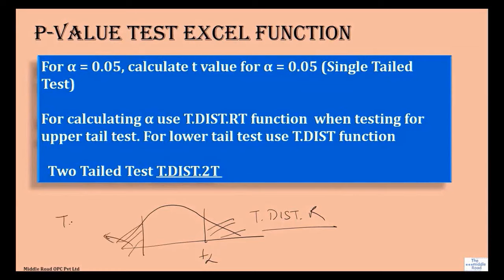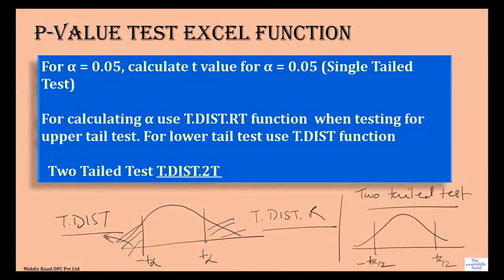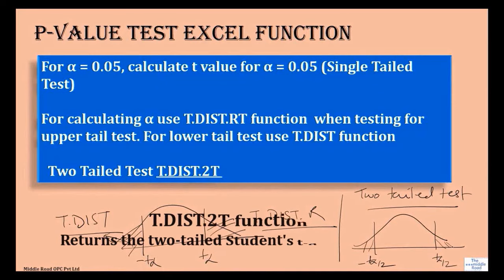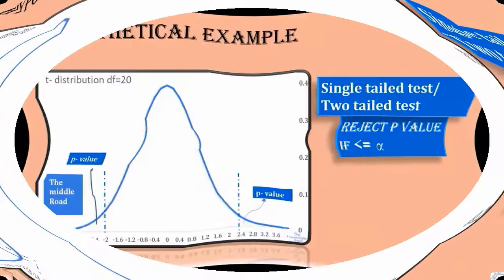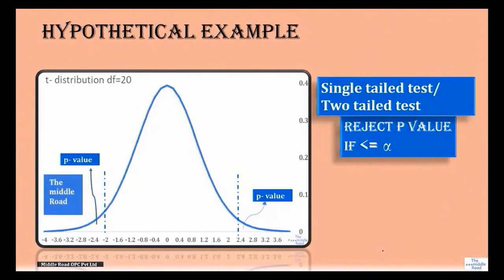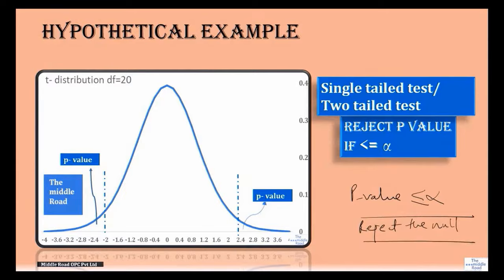You also have a function, T.DIST, which gives you the probability on the left. And you will be using T.DIST.2T, so then you get the value on both sides. Very good functions to use to find the p-values when you're checking the hypothesis. Doing the hypothesis, we'll still stick to the p-values. We'll always reject the null when the p-value is less than or equal to alpha.